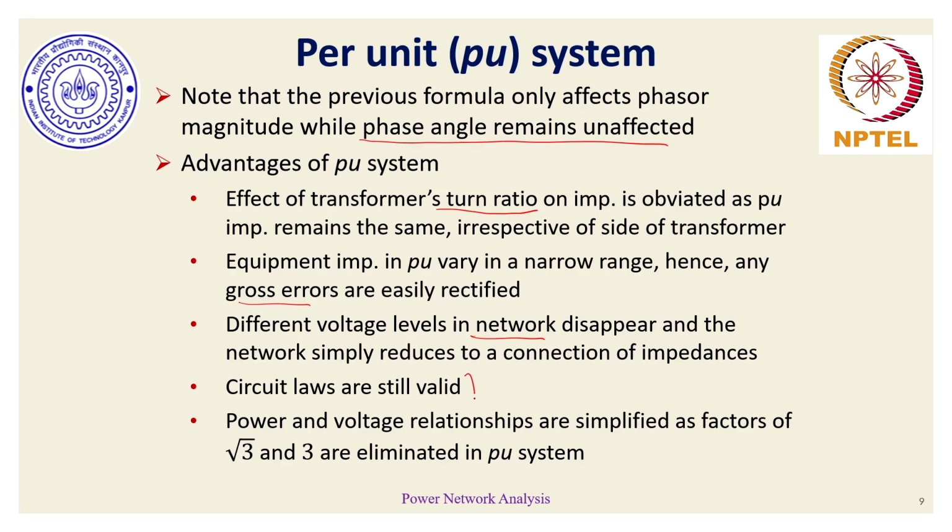The circuit laws, KVL, KCL, power calculations, are still valid. And one important part is that the complication of remembering when to consider the factor of √3 while transforming line to line to phase, or converting per phase power to 3-phase power by considering a factor of 3, all that problem is nullified and resolved in per unit analysis.